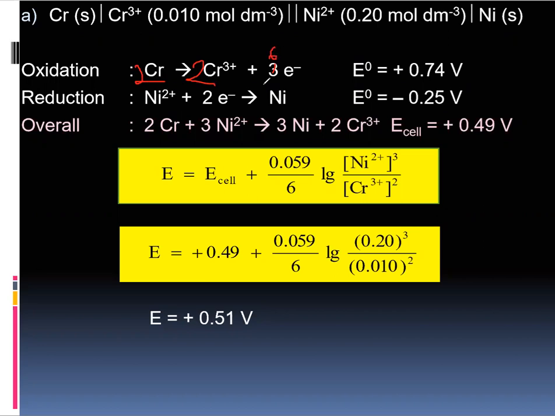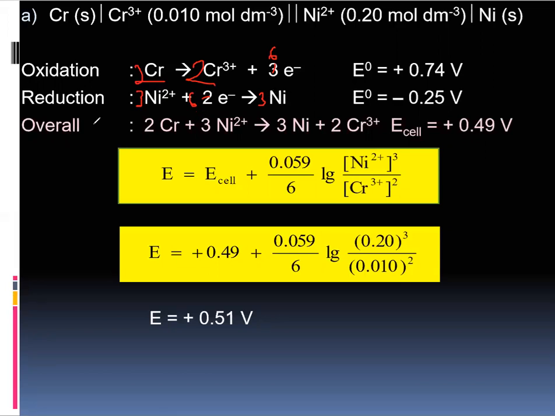If I do the same for the other equation, I multiply it by 3. This is 2 times 3 again, which becomes 6 electrons, and this is also 3. Now, I'll have to join these two equations together. To do so, these 6 electrons cancel 6 electrons. Then here I have my 2 chromium, 3 nickel 2 plus to give me my 2 chromium 3 plus and my 3 nickel solid.